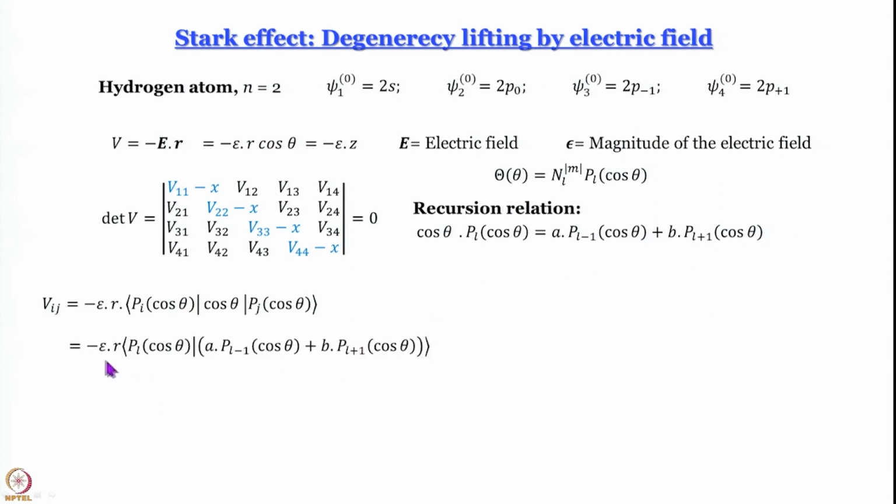I hope I have not missed brackets here. Minus epsilon r, integral, I can write PL of cos theta multiplied by A into PL minus 1 of cos theta plus B into PL plus 1 of cos theta. Okay, so, naturally we get 2 terms.